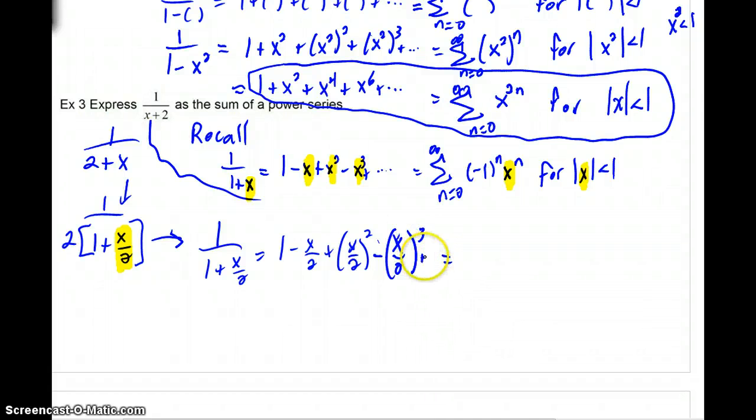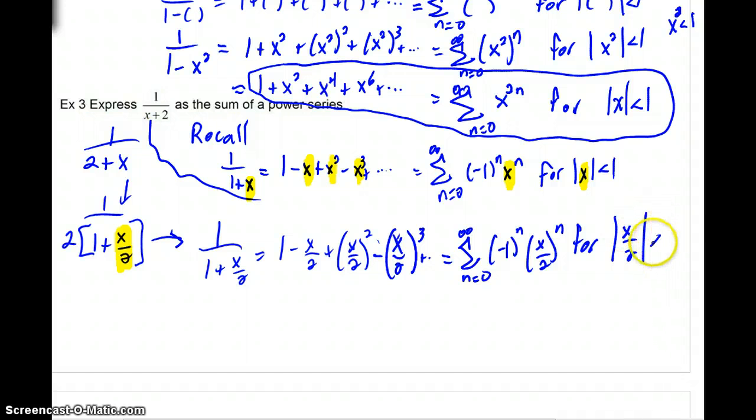And just continuing into sigma, notice even here in sigma, this substitution of x all over 2 comes into play. So even in this absolute value, I am replacing x with x all over 2.